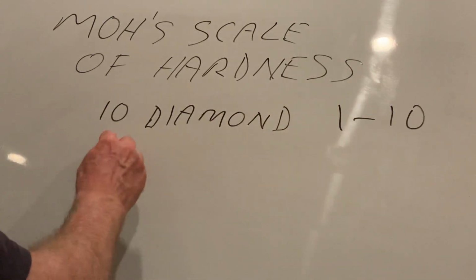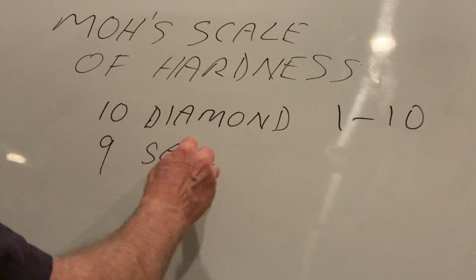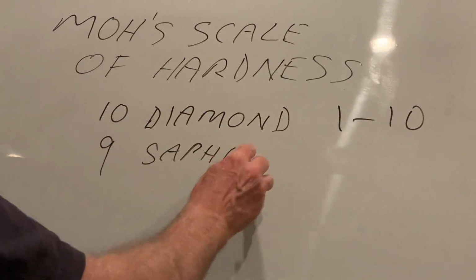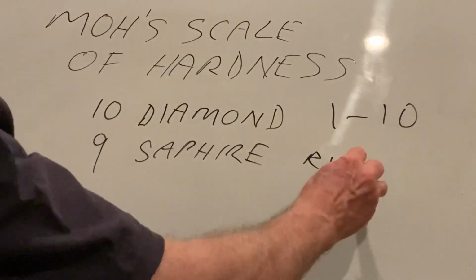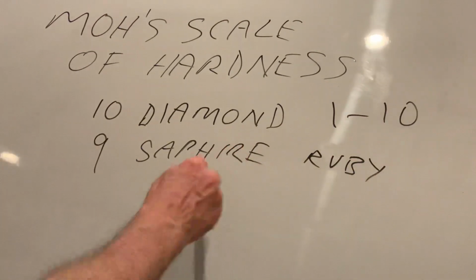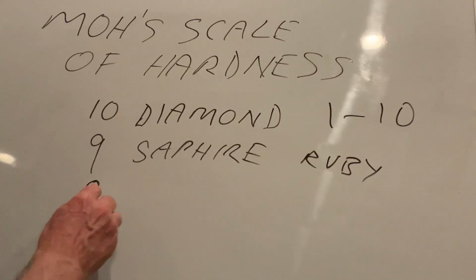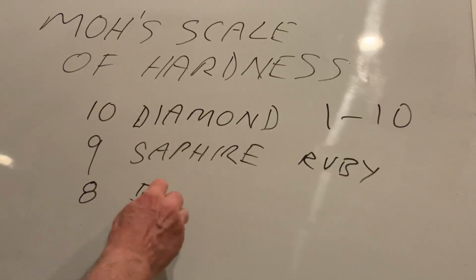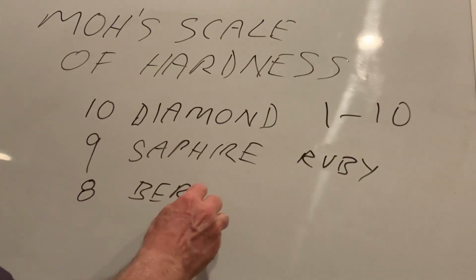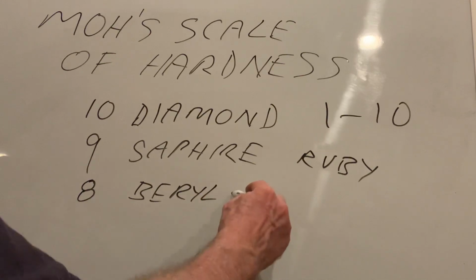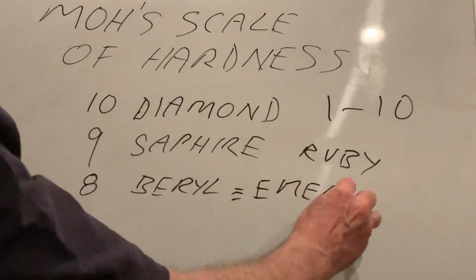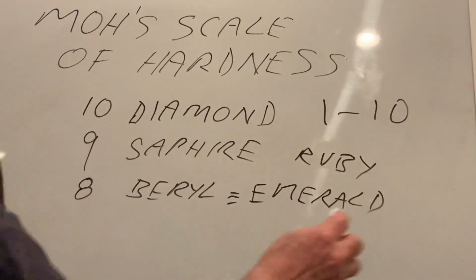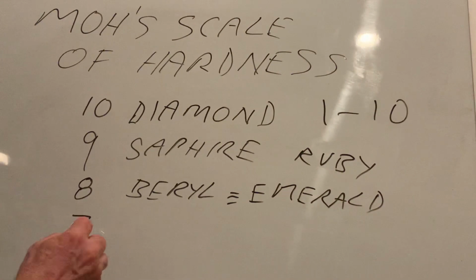Number 9 is sapphire. And guess what a red sapphire is called? It's a ruby. That's what a ruby actually is. It's just a red sapphire. Number 8 is beryl, but otherwise known as emerald. Hardness of 7, so these are all getting softer.